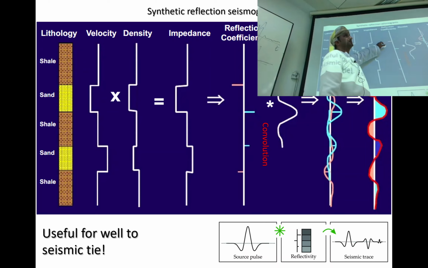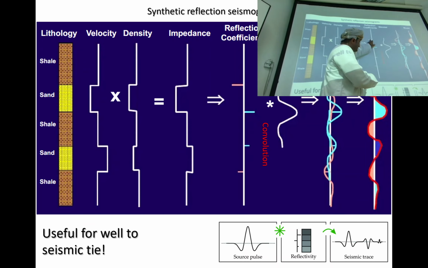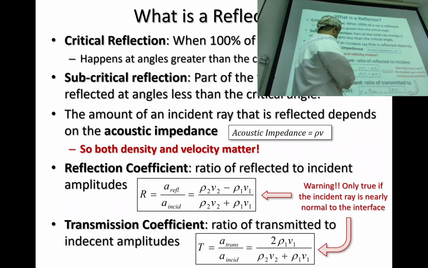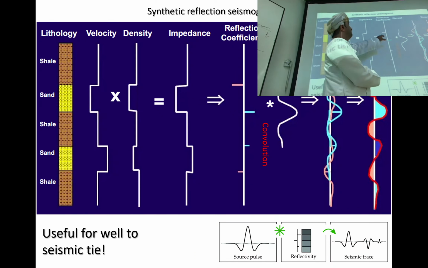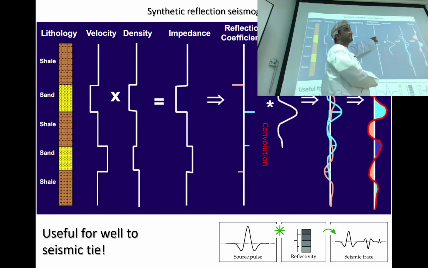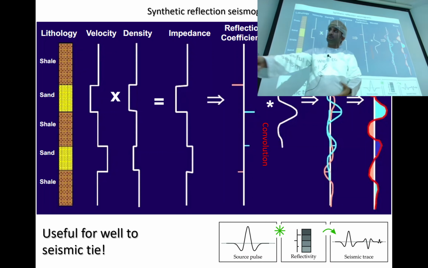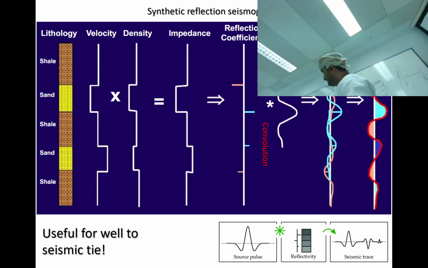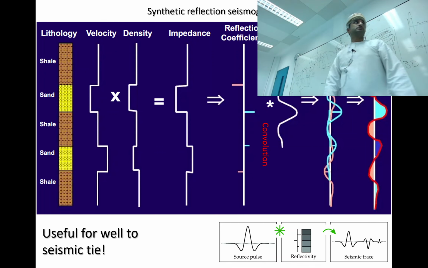So let's do the calculation. This value is basically what you read here, exactly that value. That's what you send to the ground, the wavelet we were sending. It goes and reflects back.